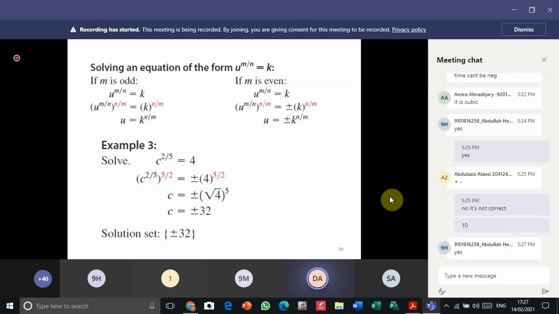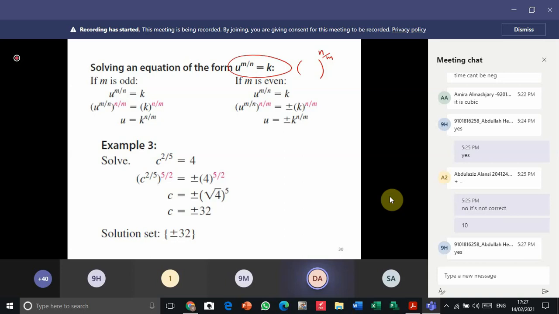Sometimes we have the equation with m over n equal k. Here we need to take for both sides n over m, n over m, n over m. So here there is a radical. Okay. Here we ask about the m which is for the radical.